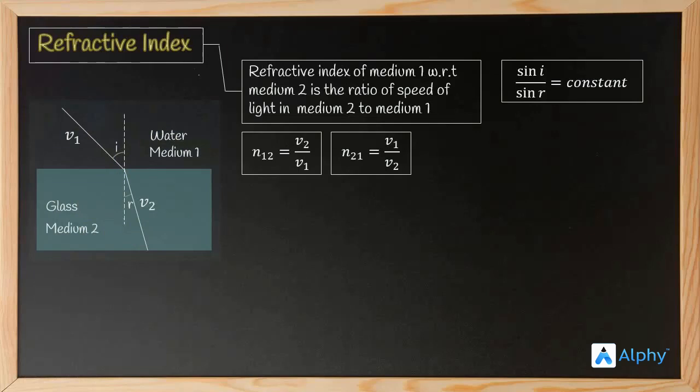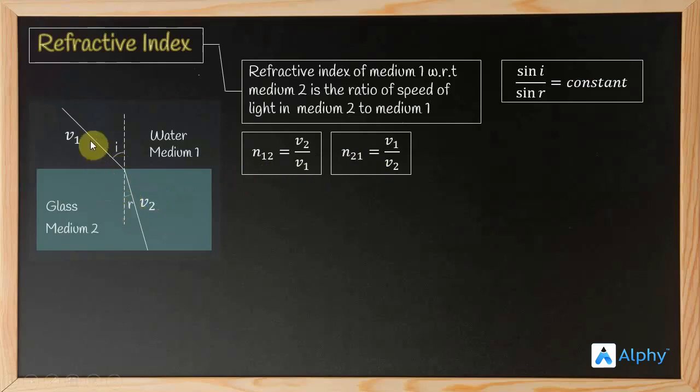Okay, so now we know more about this constant. We know it is the refractive index, and we also know it's the ratio of speeds. But still we have a problem. Which ratio to consider? n12 or n21? So the answer is, here light is moving from medium 1 to medium 2.